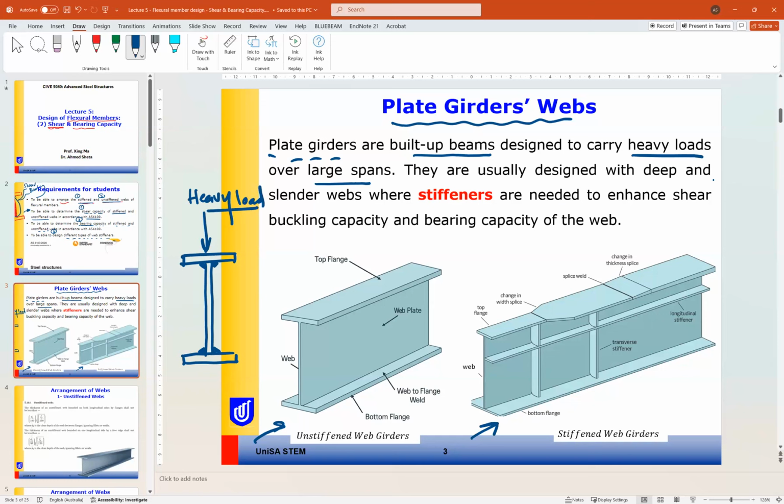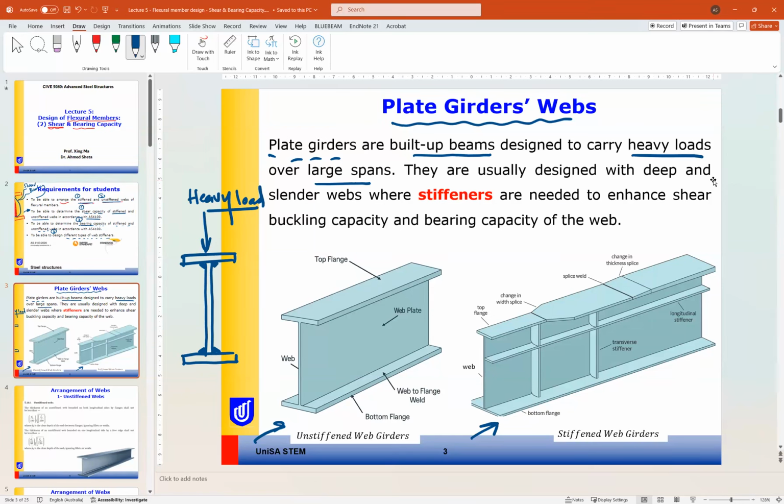In some cases, if we have heavy load and large span, we don't have enough section from the table like UB or UC or welded beam, so sometimes we need to create the section ourselves. So these are the plate girders we are talking about in this slide.